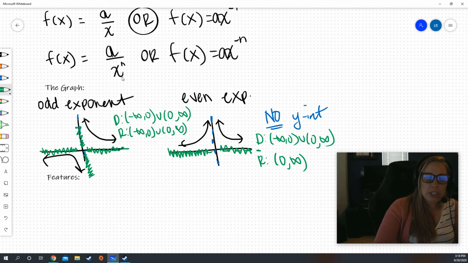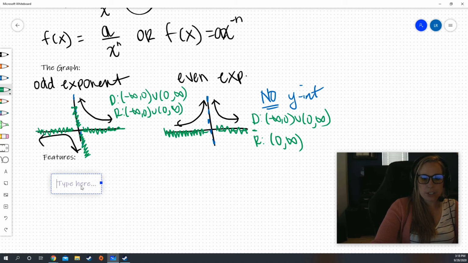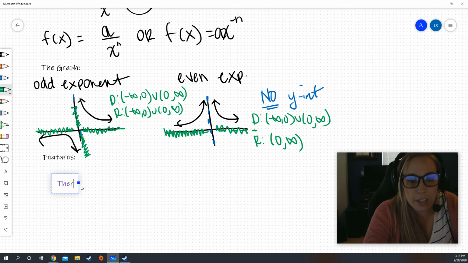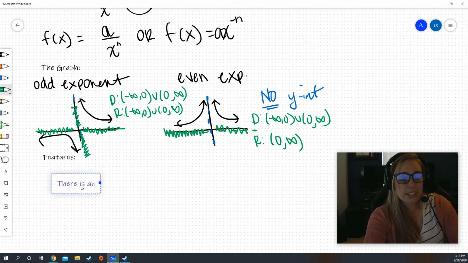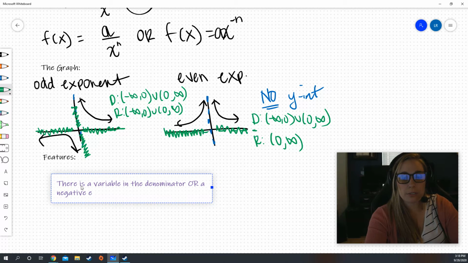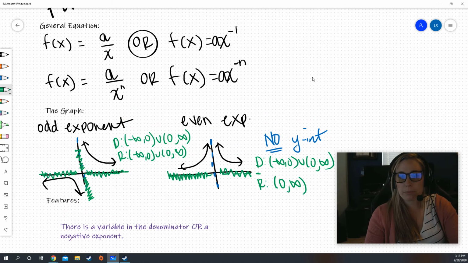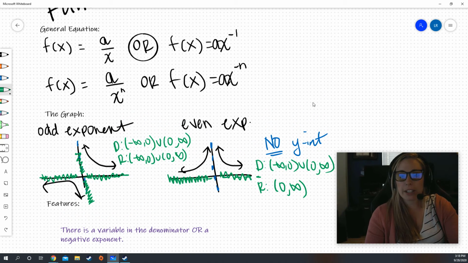So what are some features that we notice about these functions? Well, there is a variable in the denominator or a negative exponent.